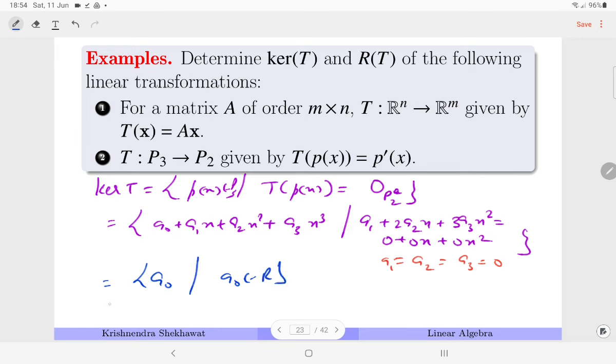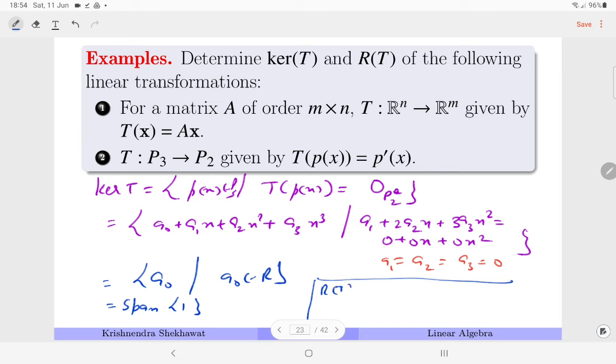Now this can be written as span of 1, where 1 is a polynomial, which means it's a vector. Therefore the dimension of kernel T is equal to 1 and its basis has only one vector, which is a non-zero vector, which is 1. Now it's easy to write down the range T here.